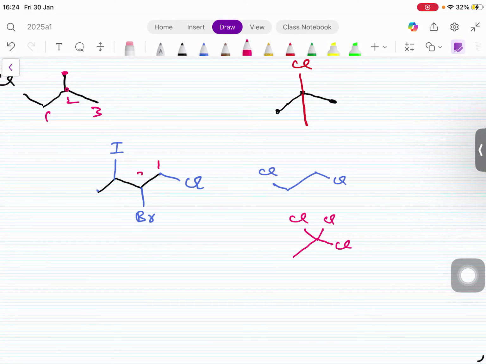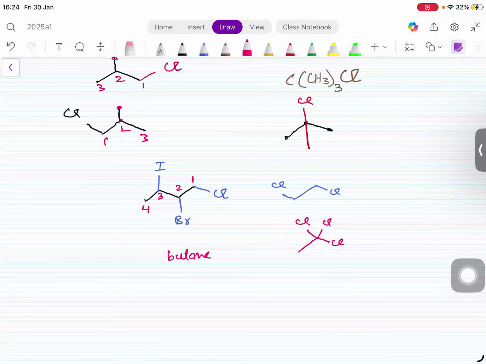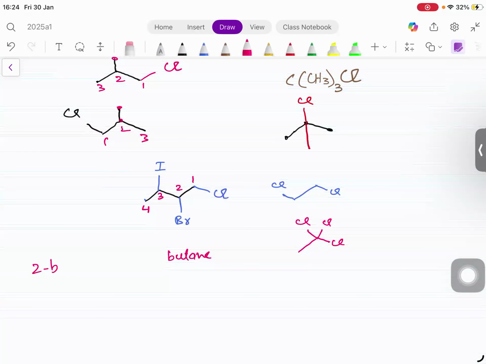How many carbons? 4 carbons is what? Butane. So 1 chloro... no, we have to put bromo first of all. 2 bromo. Good. 2 bromo, 1 chloro, and then 3 iodo.